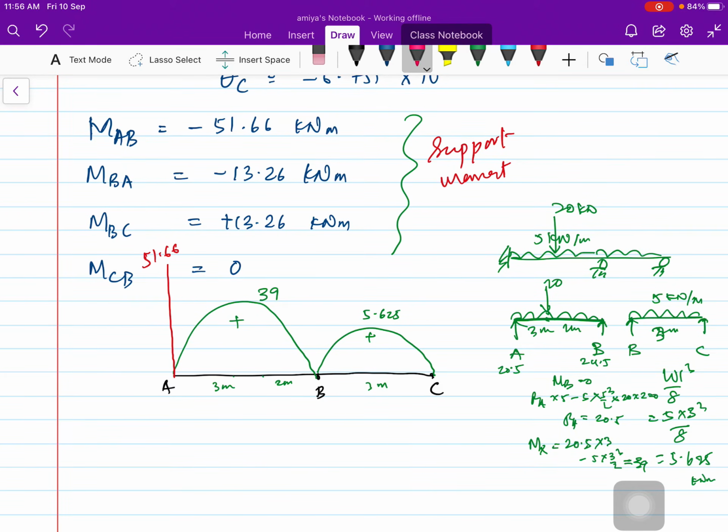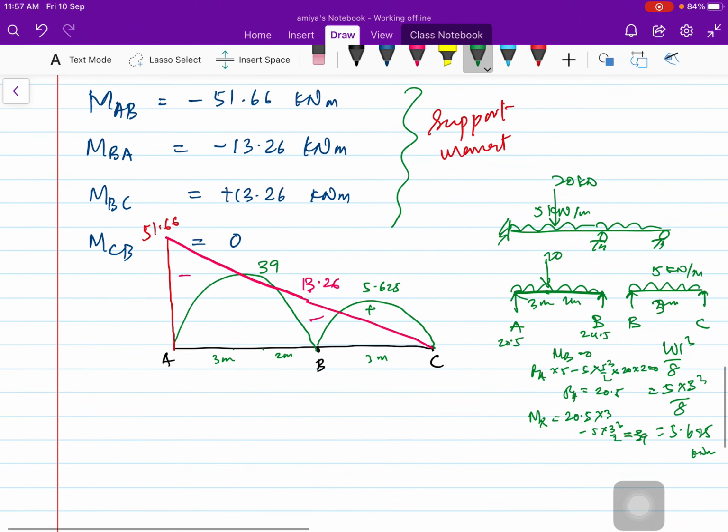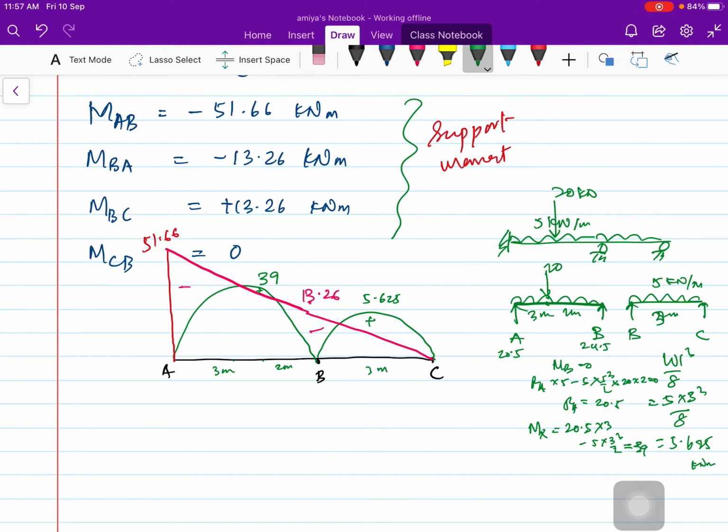Now at B we have 13.26, so somewhere here I'll put 13.26, and then we have 0 here. So this is negative, negative, and here it is positive. So this is your bending moment diagram.